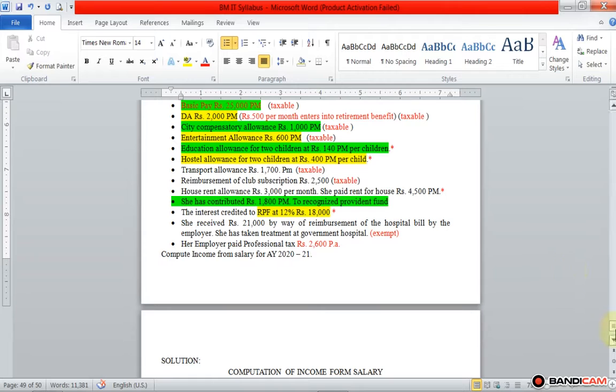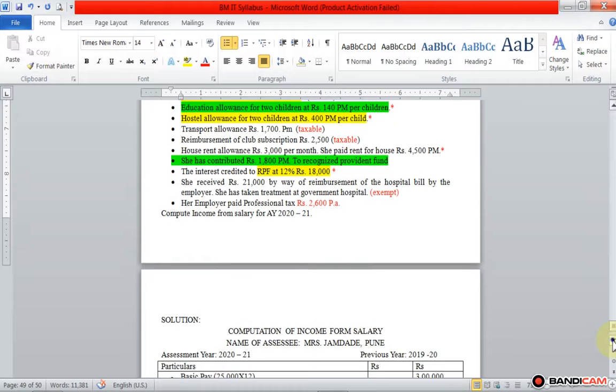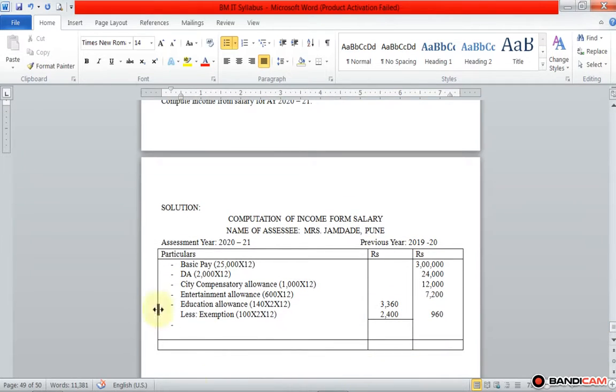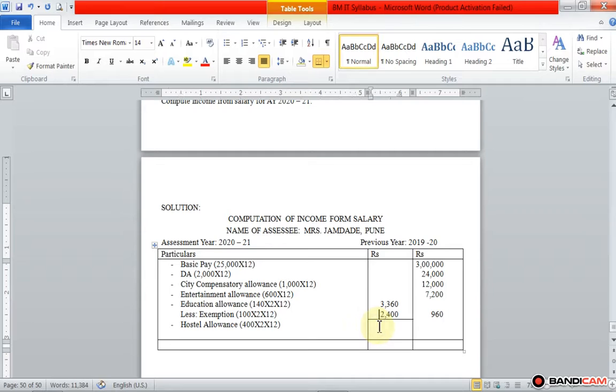Hostel allowance for two children is rupees 400 per month per child, so it amounts to 400 into two children into 12 months. The amount of hostel allowance is 9600.